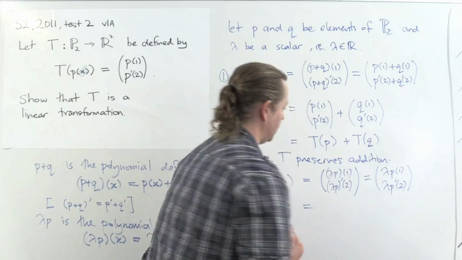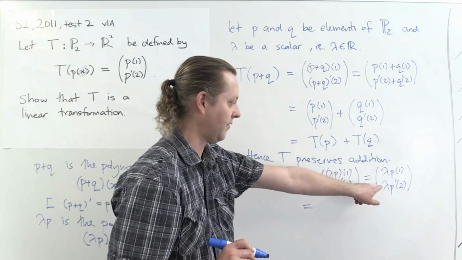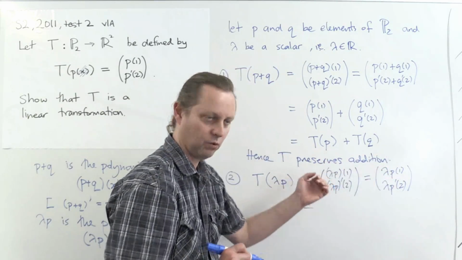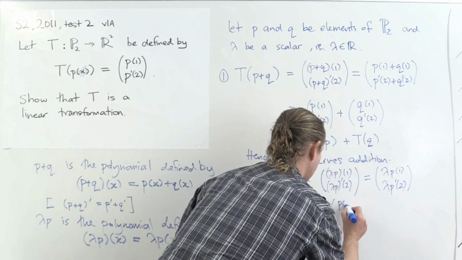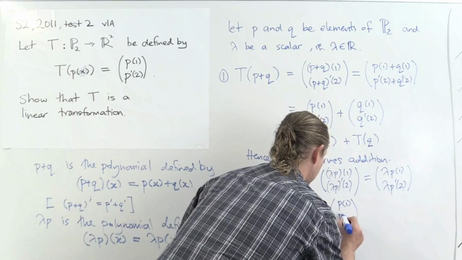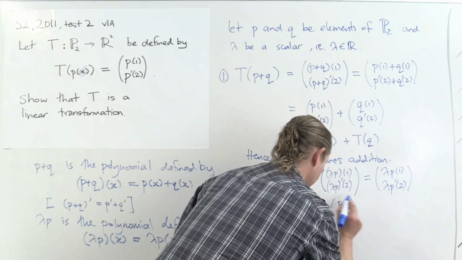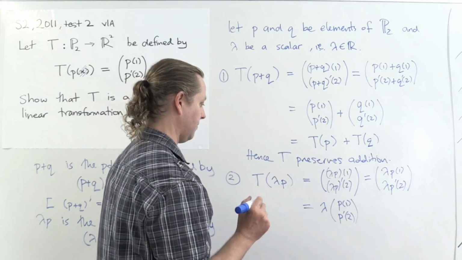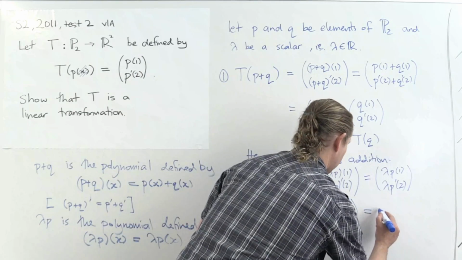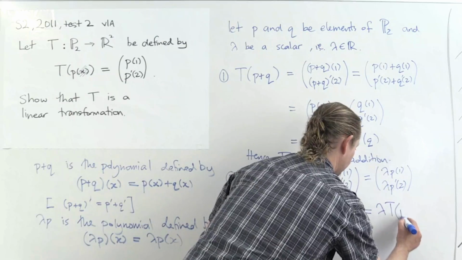Now for vectors we know that we can take a scalar factor out of all the components at once. So this is lambda times p of 1 and p dashed at 2, and this is lambda times what T does to p.